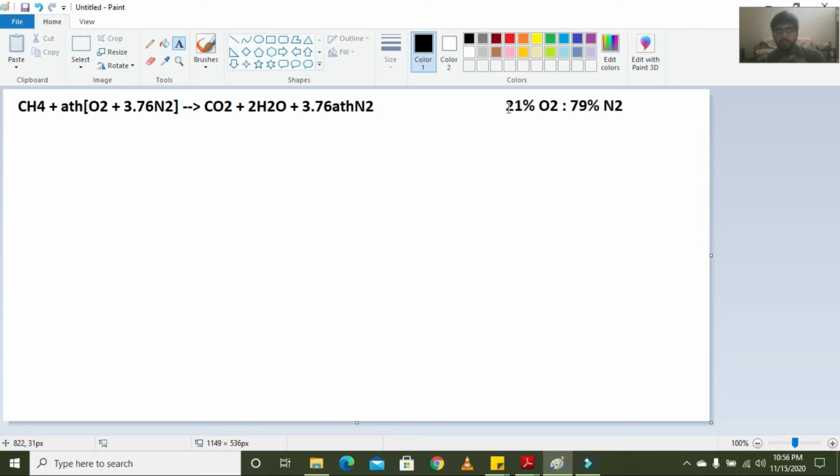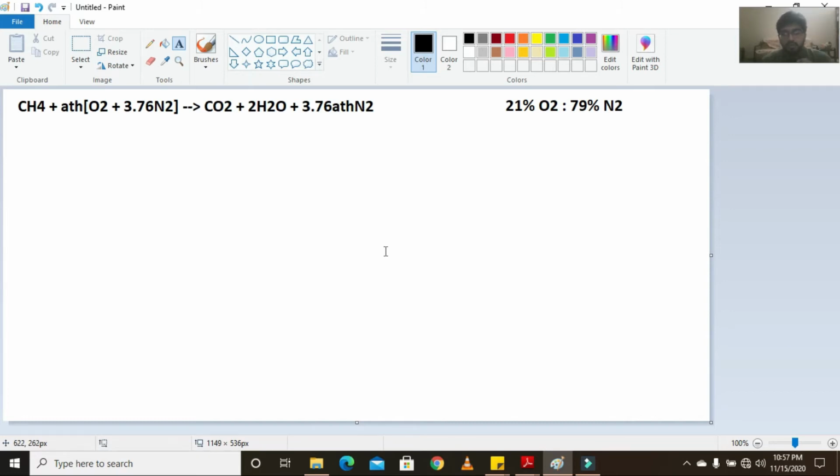So this will be the equation for question number 1: methane is burned with the stoichiometric amount, which is ATH, times 1 molecule of oxygen, O2, plus 3.76 molecules of nitrogen, and as a result I will get 1 molecule of carbon dioxide, 2 molecules of water vapor, and 3.76 times ATH molecules of nitrogen.